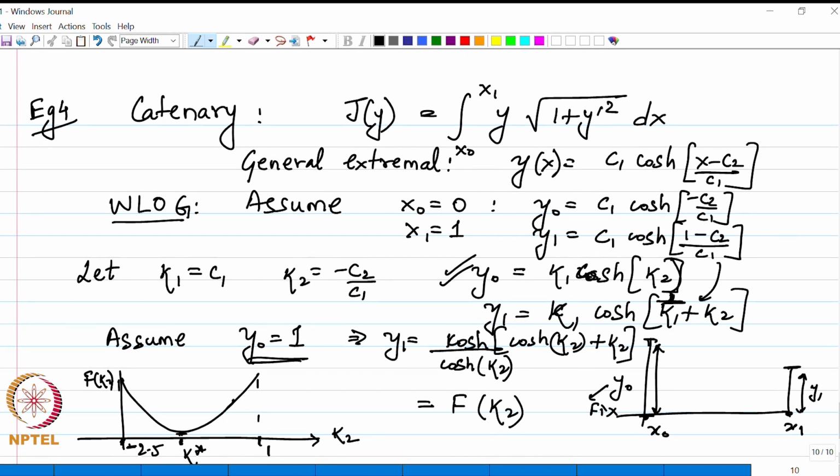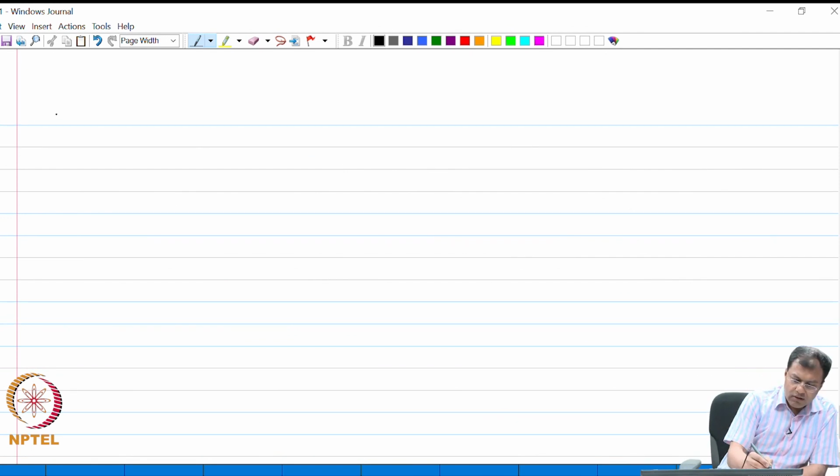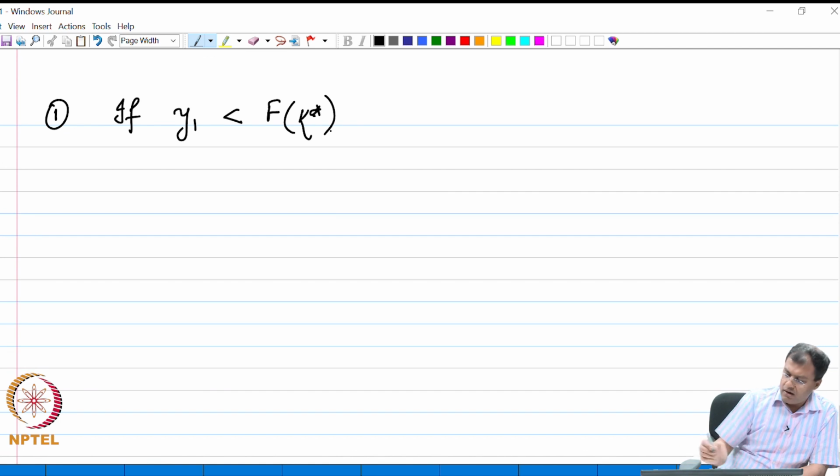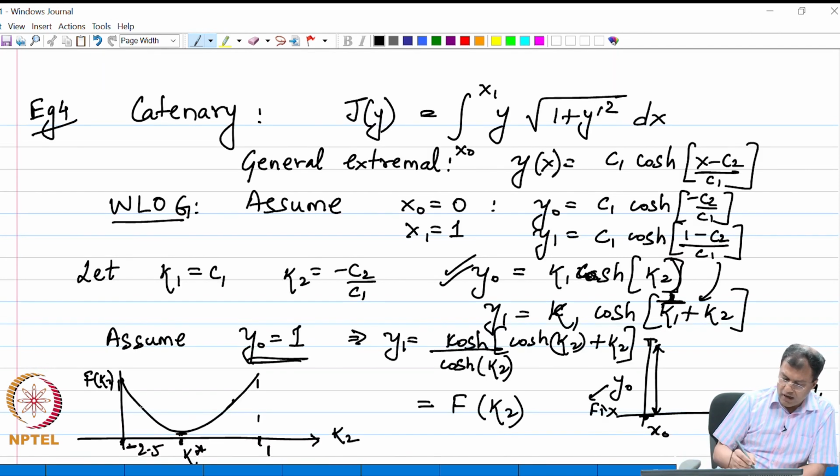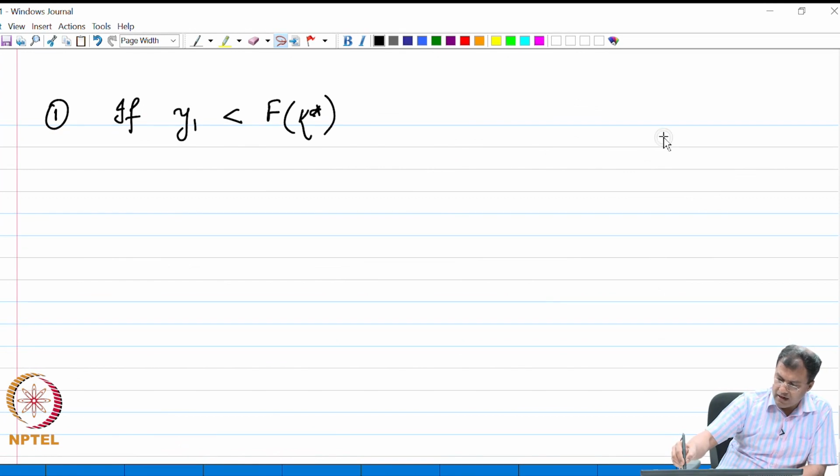So, the question that we have to ask is, is there always a solution to this catenary problem? The answer is not necessarily. Look at case 1. Suppose you have y1 less than f of kappa star. Let us look at this diagram.